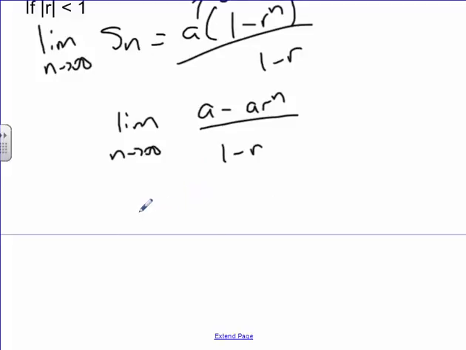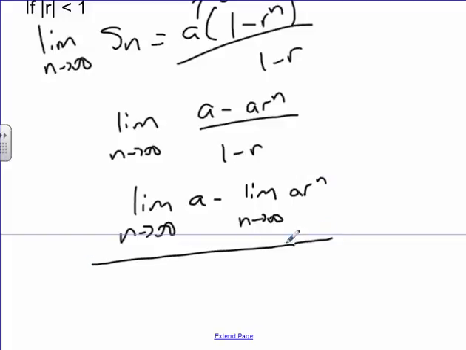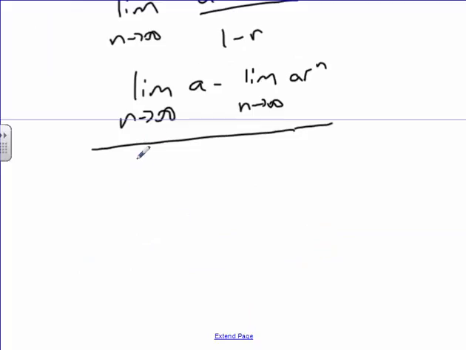This seems a little bit silly to do because of what I'm going to do a step later, but I'm going to do the limit as n approaches infinity for a, minus the limit as n approaches infinity for ar to the n. And then these guys down here also get limits as well: the limit as n approaches infinity for 1, and the limit as n approaches infinity for r.